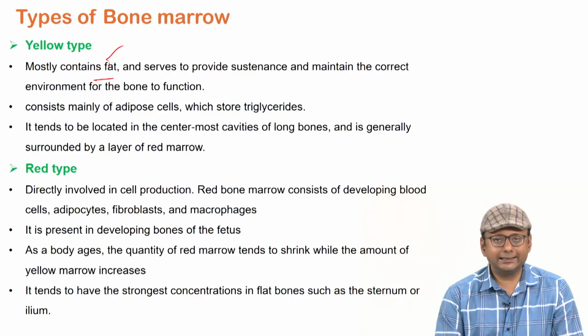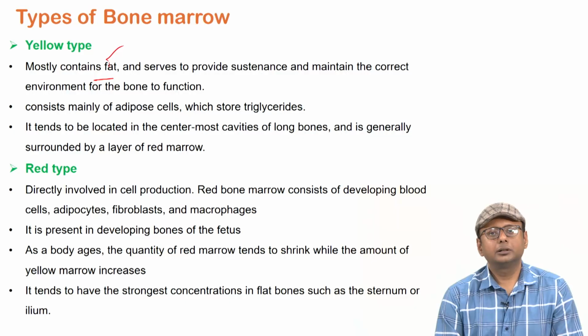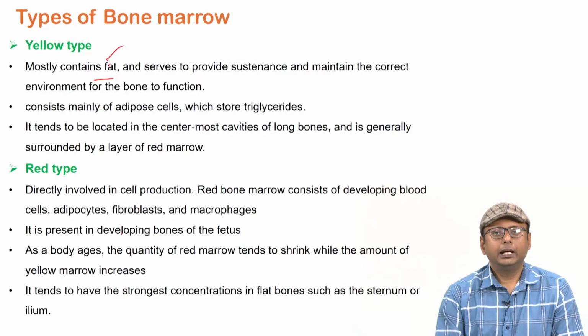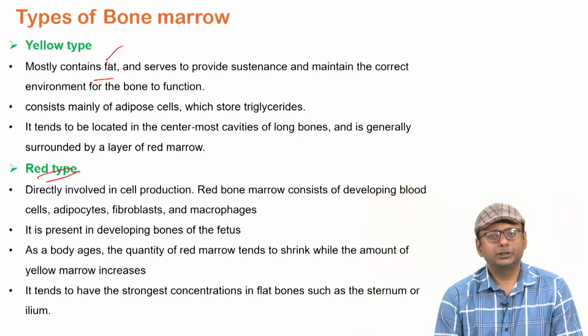And with growing age, human bones start having more yellow marrow compared to red marrow. So as the age grows, in old age, red bone marrow gets replaced by yellow bone marrow. And next is the red type, which we all know is mostly present in the end part of the epiphysis area, in the spongy part.